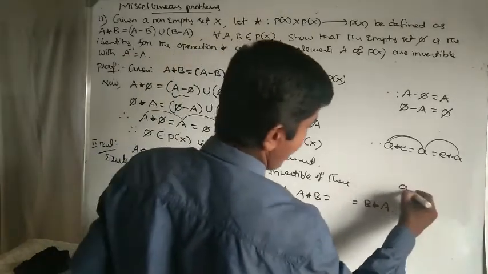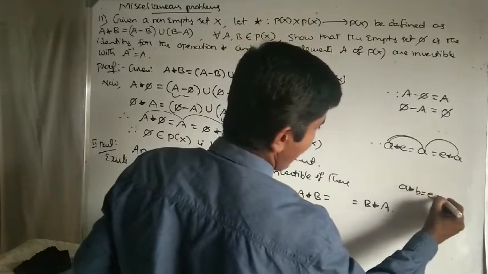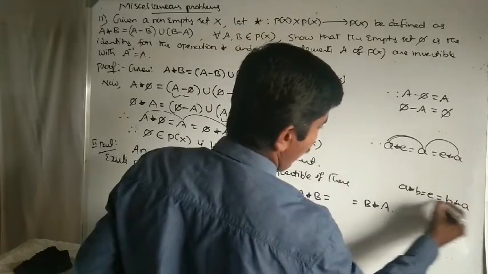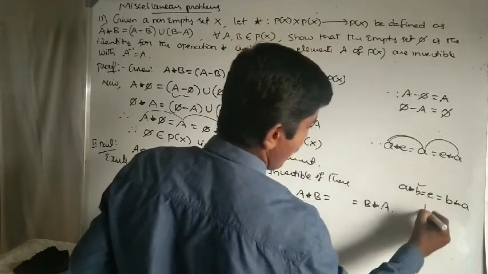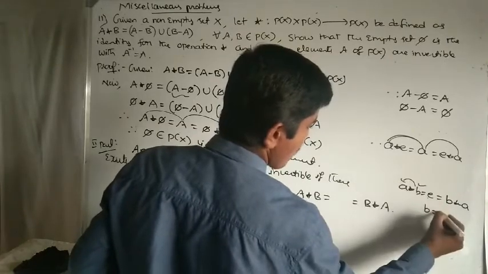Mind it, inverse definition: A star B equal to identity element, B star A equal to identity element. Then we say that B is called the inverse of A.